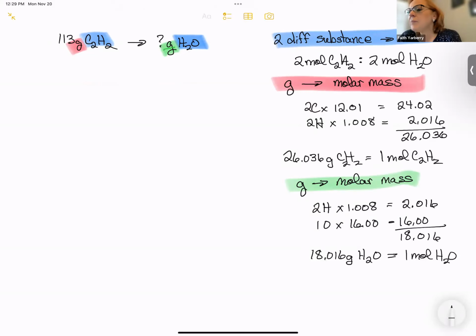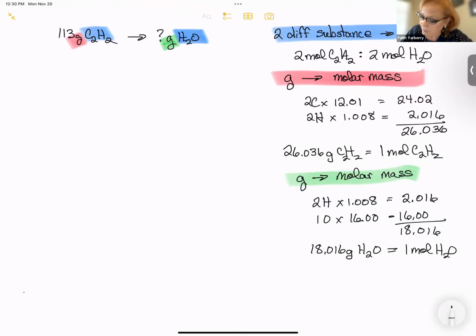Now that I've pieced apart what I was given and what I wanted to solve for to identify possible conversion factors, I'm ready to key this into the calculator. I'm going to start with the 113 grams of C2H2. My very first conversion factor is going to need to have grams of C2H2, so I'm going to use the molar mass of C2H2.